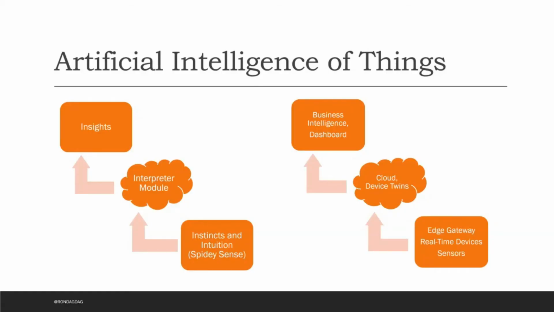So that's when we talk about the artificial intelligence of things, where we collect our data in our gateways or our applications, where you have real-time devices and sensors, and then be able to trigger on anything outside of its norm, or send something up to the cloud where you have your device twins, and then of course your business intelligence and all your dashboards tracking these devices.